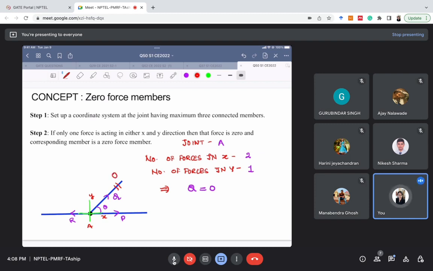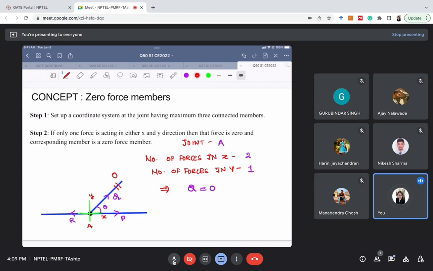Because whenever we analyze a joint, we satisfy two types of equilibrium. One is horizontal equilibrium and one is vertical equilibrium. To satisfy the horizontal equilibrium for joint A, we have two forces, P and R, which must balance each other. But there is no other vertical force to balance the load Q sine theta.